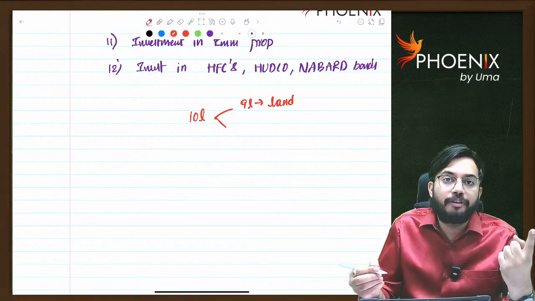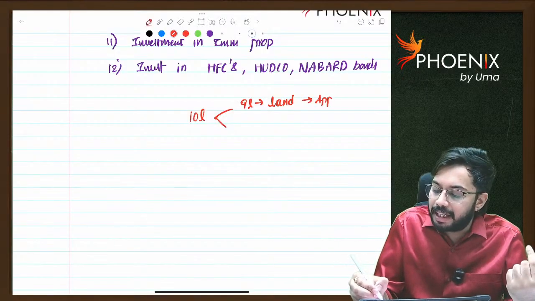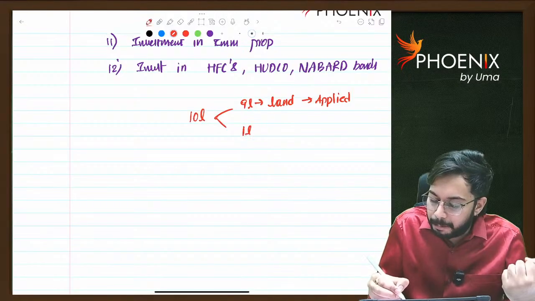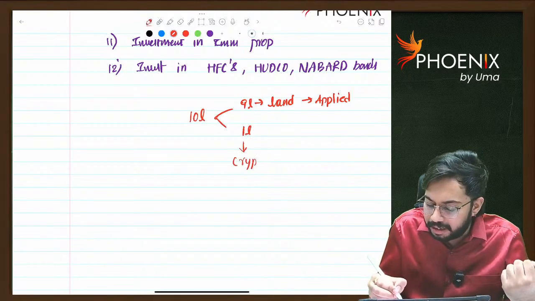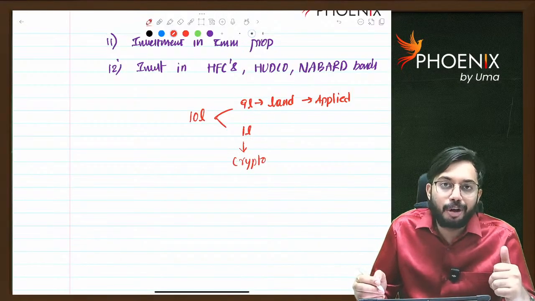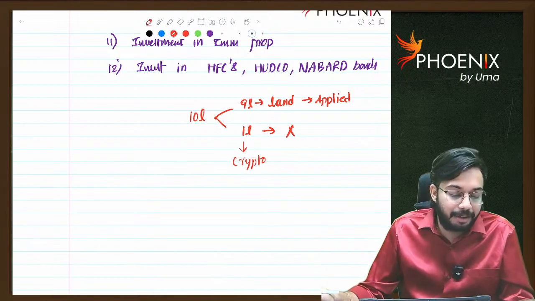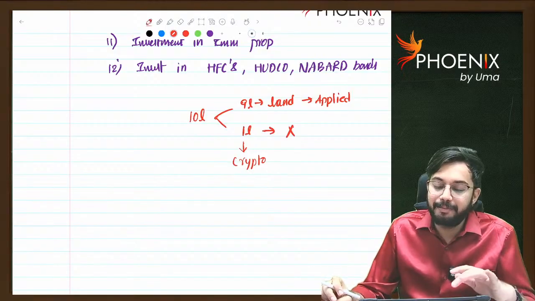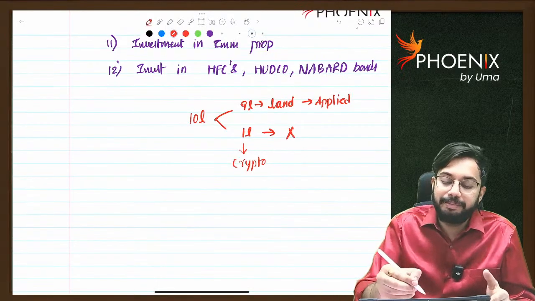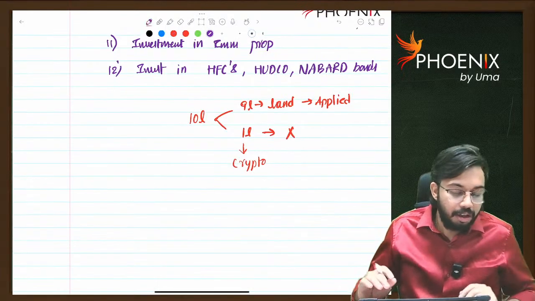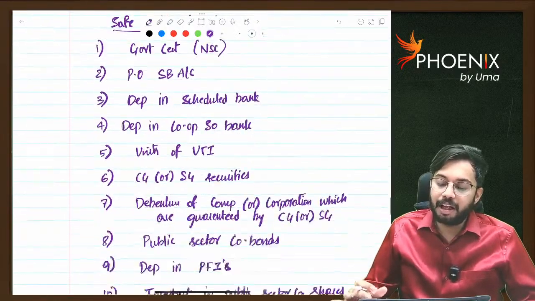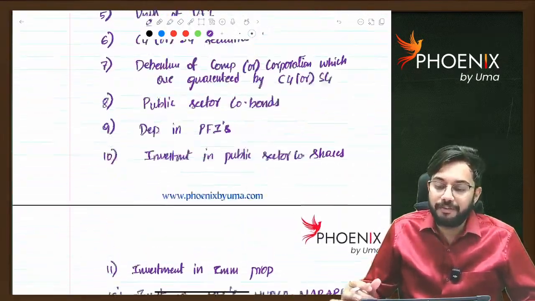Land is a safe mode of investment, so it will be treated as applied. With 1 lakh rupees, I purchased cryptocurrency. Is cryptocurrency a safe mode of investment? No. That 1 lakh will not be treated as applied. Are you able to understand? So this is the concept relating to safe mode of investment under this section.